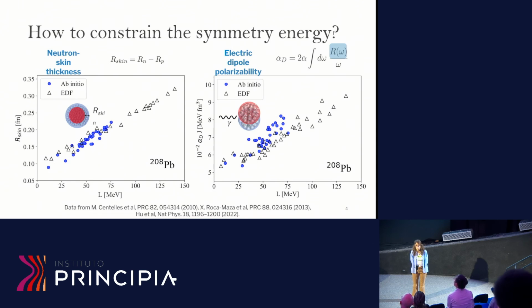I think those are the white triangles there. But it's not as good as the skin versus L. They gave some justification based on the liquid drop model for why you have to multiply by J to get a better correlation. But you are right, this doesn't look like it will solve the problem: when we get alpha D and compare with data to obtain L, we will have a larger spread than with the skin.